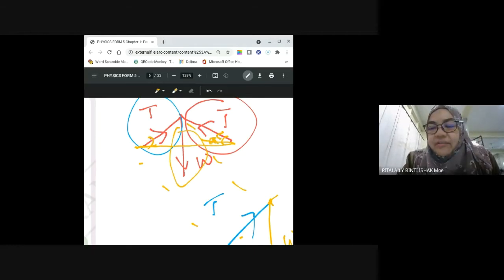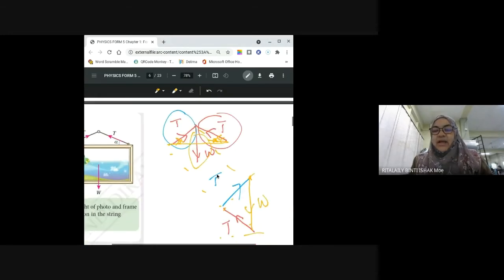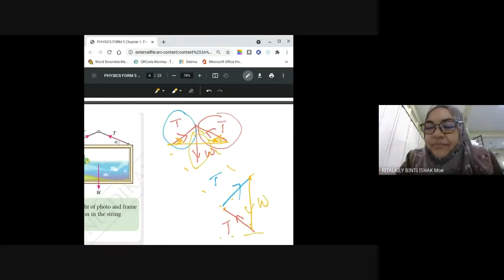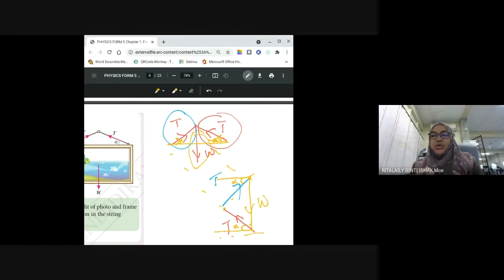Alpha, sorry. So this one is the alpha also. Okay, so alpha is horizontal to the force. Jadi, how to measure the horizontal to the force? Ini horizontal. So this is alpha. Okay, ini horizontal. So alpha should be here. Okay, so that is how you draw the force with the correct angle.